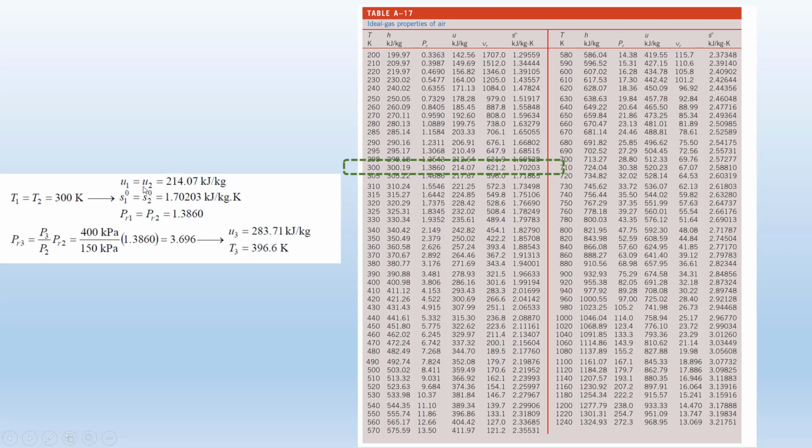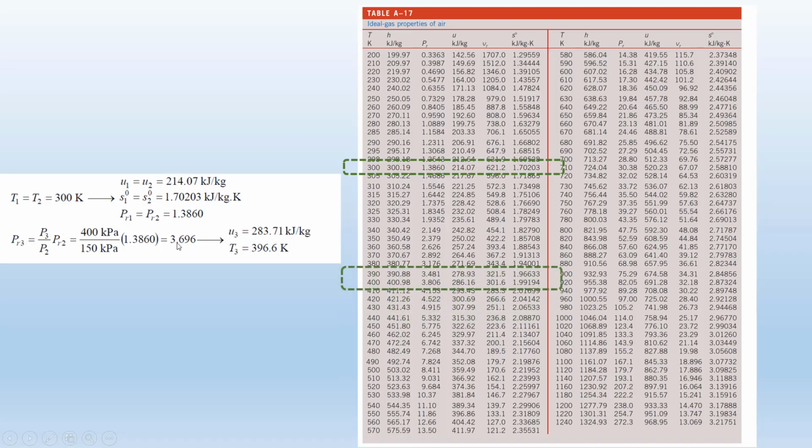To find the U3, you know that this is the isentropic process, correct? So for the isentropic process with variable specific heat, you can write P3 over P2 equals to the PR3 over PR2. You have the PR2, you have the P3, P2, you can find the PR3. Now you have the PR3, correct?